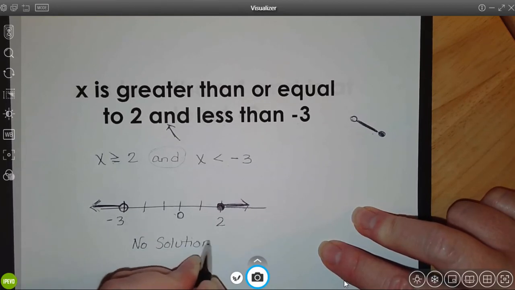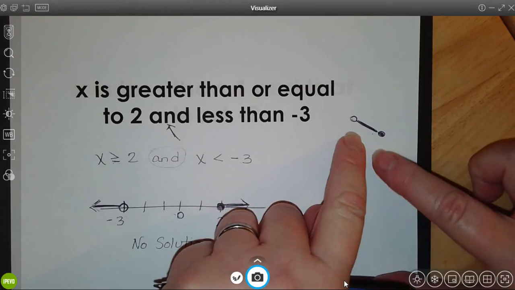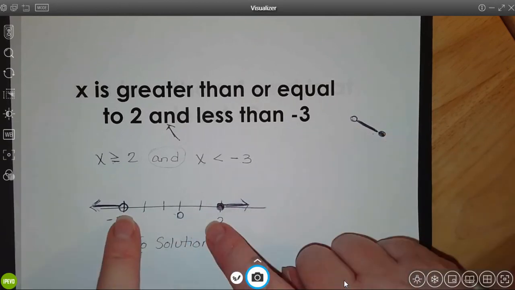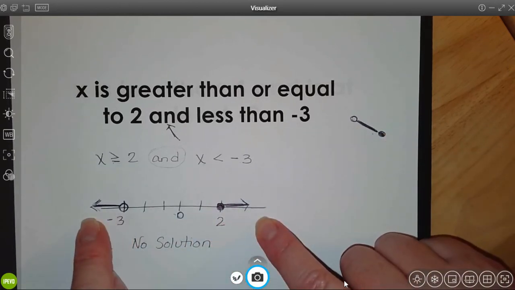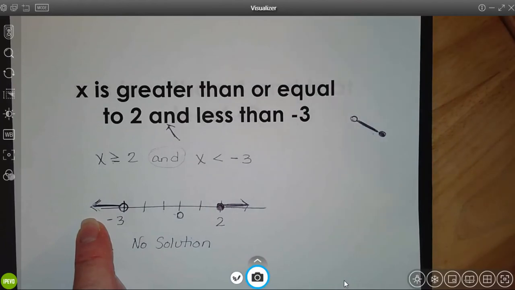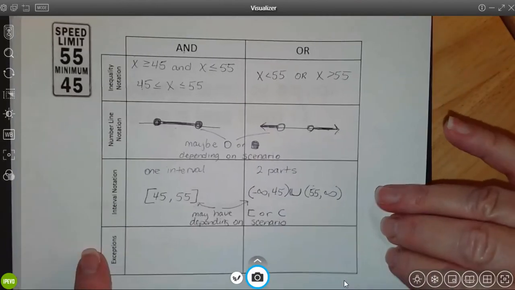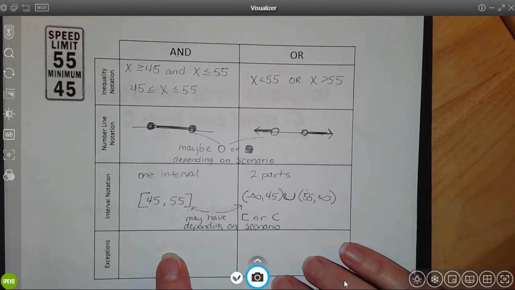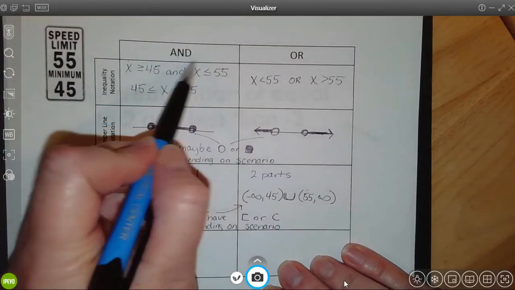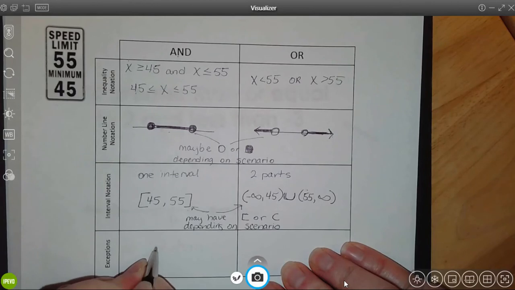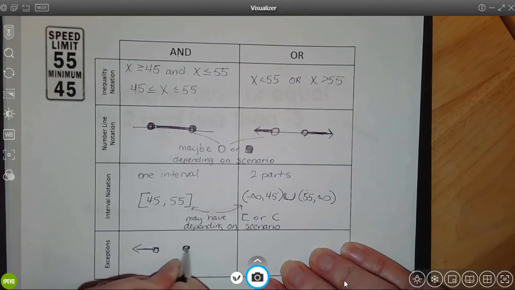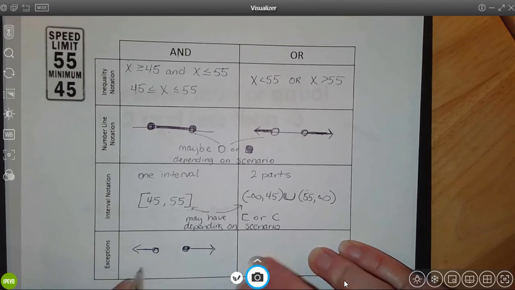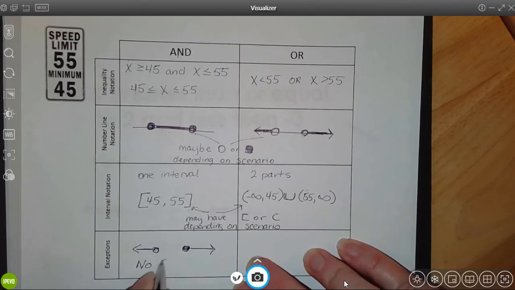There is no solution when you're supposed to get a number line that comes together, but you get a number line that comes apart. So we're going to go back to our table at the beginning of our notes, and we're going to fill in the first exception. The first exception, when you are supposed to get and, but you get something like this, then you will write the words no solution.